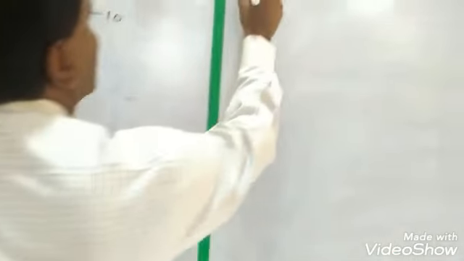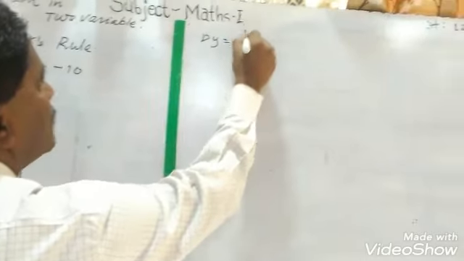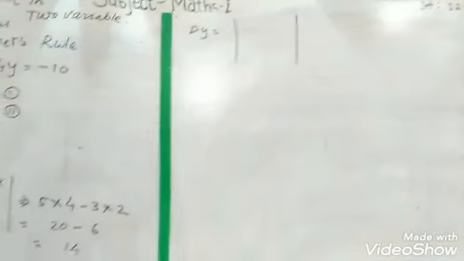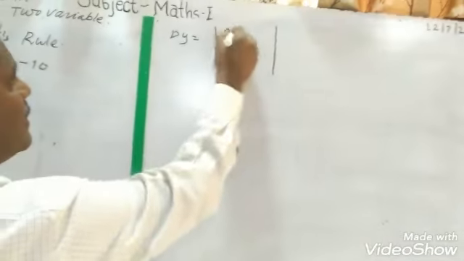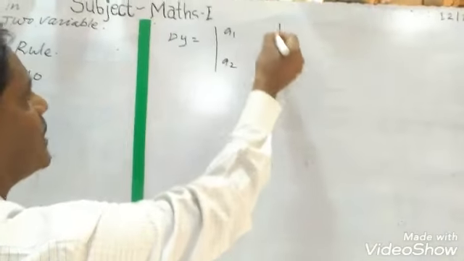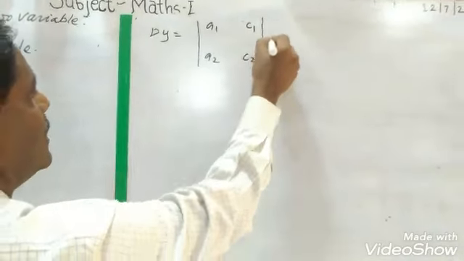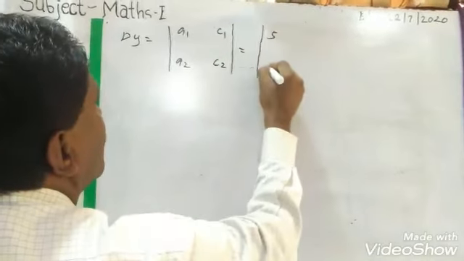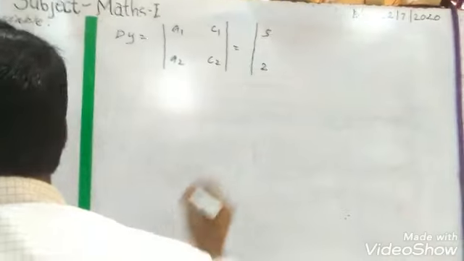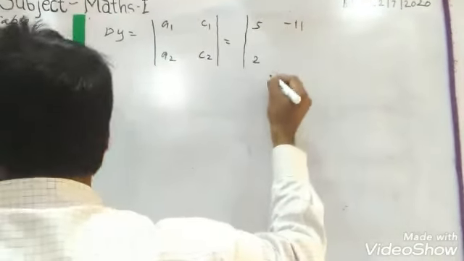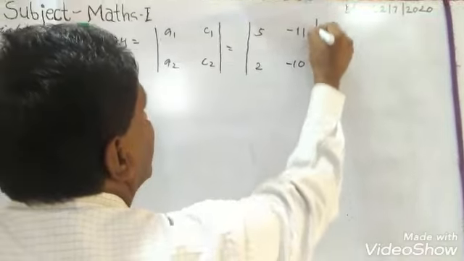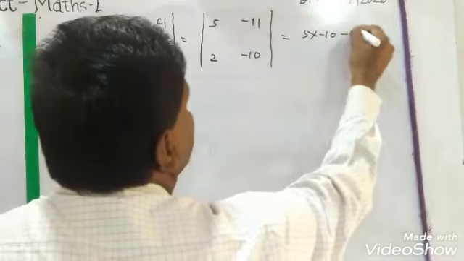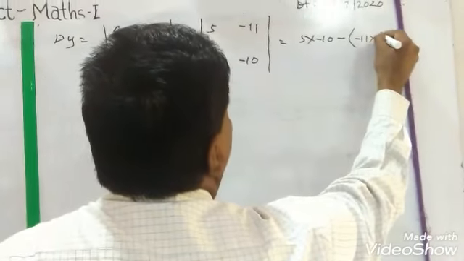Then calculate the value of Dy. Dy is equal to determinant of order 2, where b1, b2 are replaced by c1, c2. That is a1, a2 is 5, 2 and c1, c2 is minus 11, minus 10. This is 5 multiplied by minus 10 minus in bracket minus 11 multiplied by 2.